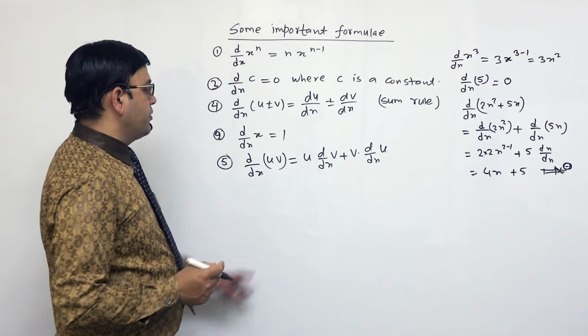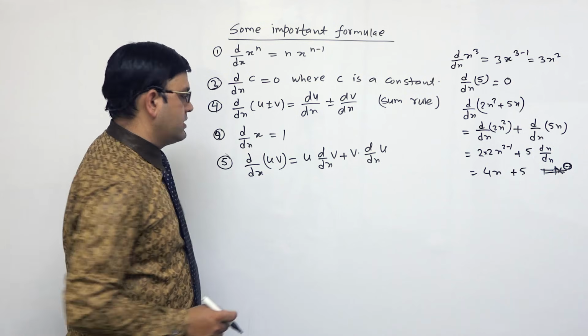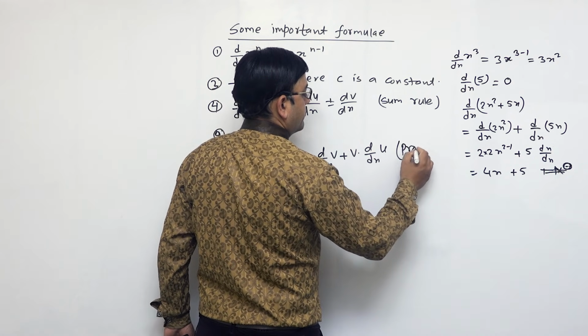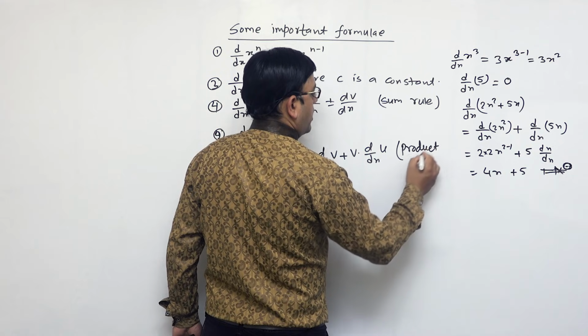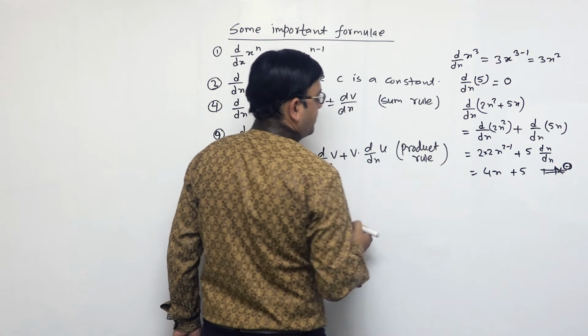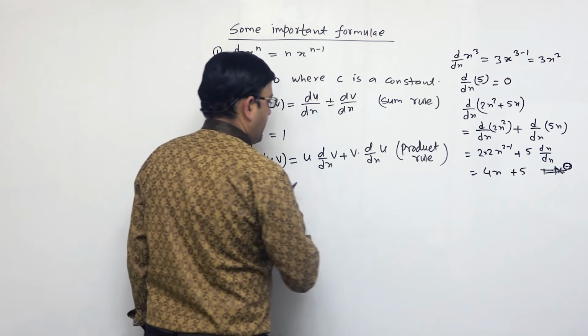Here, u times derivative of v plus v times derivative of u, and this is called the product rule. This is the product rule.